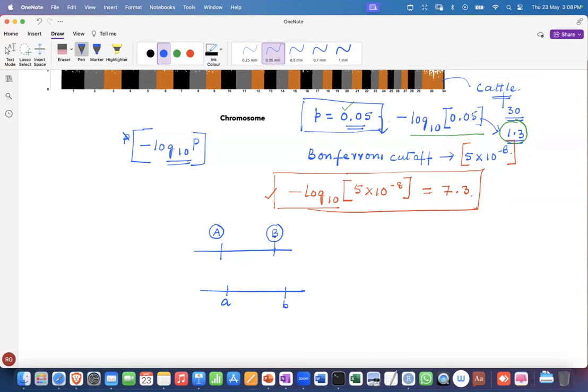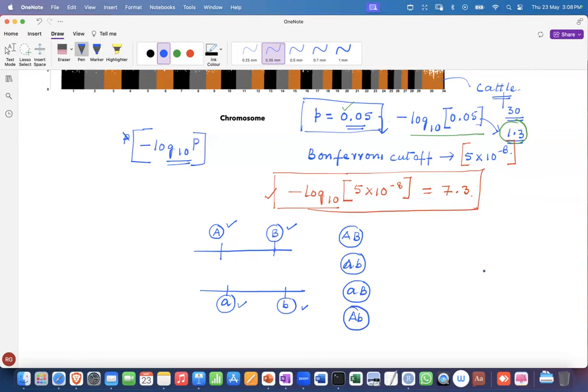If I ask you, I don't know how many of you exactly know the meaning of linkage. If on one chromosome you have a capital A and a capital B, and on another chromosome you have a capital A and a small b, the gametes you expect would be AB and a b.